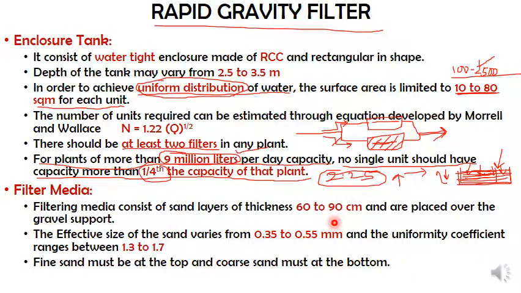As the void size is more, the pore size of that filter will be more, because of which you are going to get less efficient water. Finally, fine sand must be laid at the top, and the coarse sand must be at the bottom.